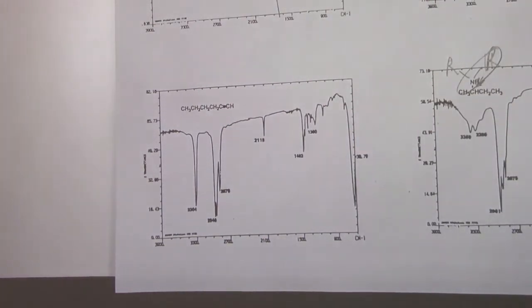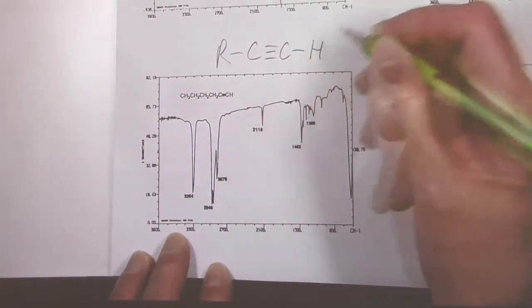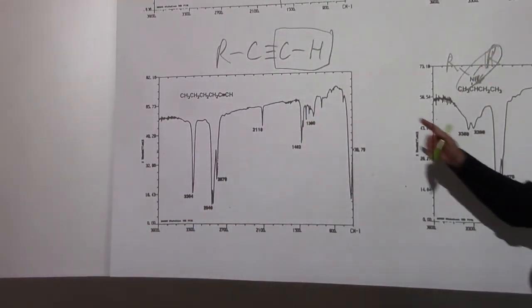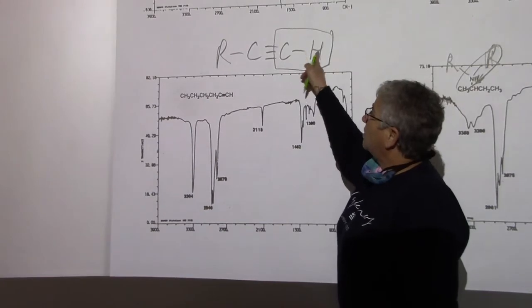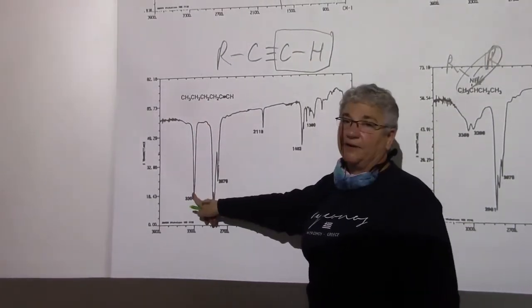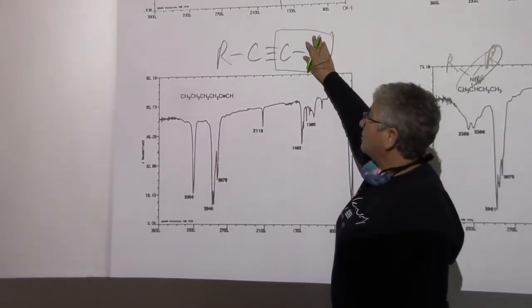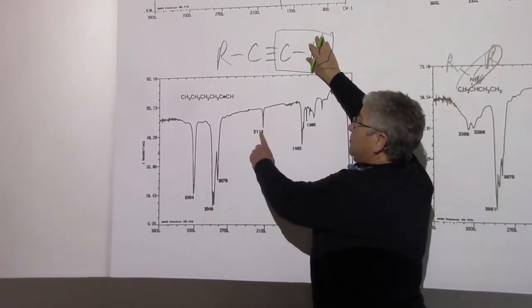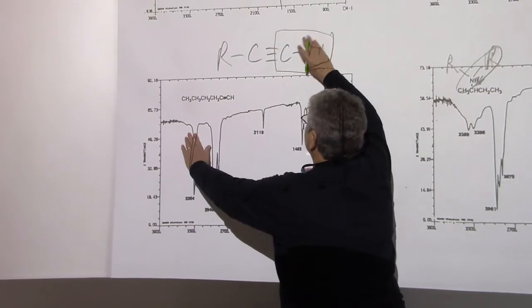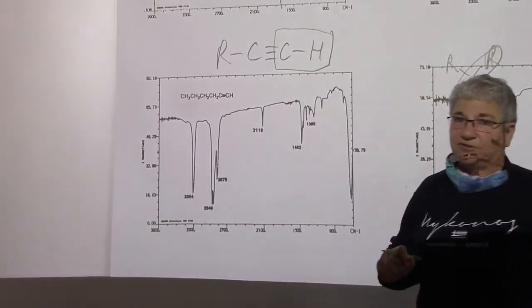So if you have a triple bond that has one of the ends of that triple bond is a hydrogen, it's this carbon-hydrogen peak stretch that you will see right here. If this is not a hydrogen, if this is an R group, you might still see the triple bond because you do have a triple bond, but you won't see this peak because you don't have a hydrogen there. This is strictly a carbon-hydrogen stretch.